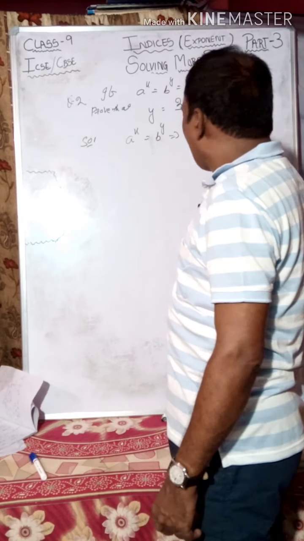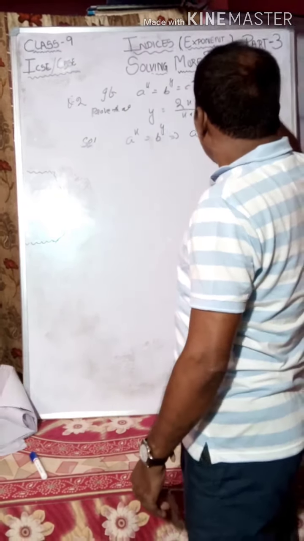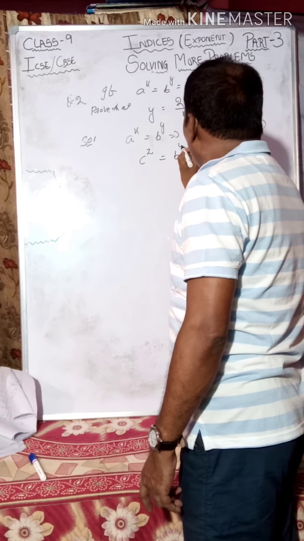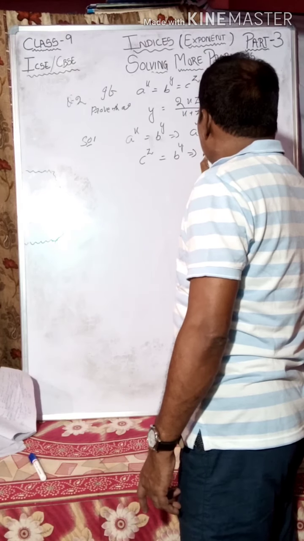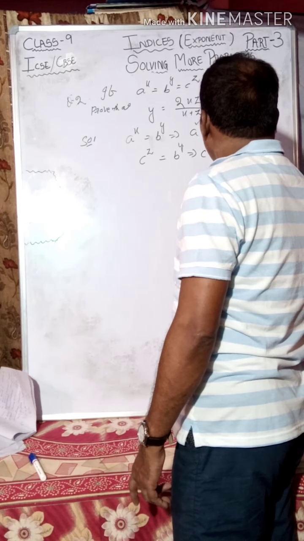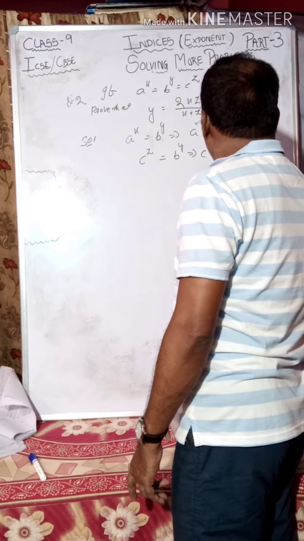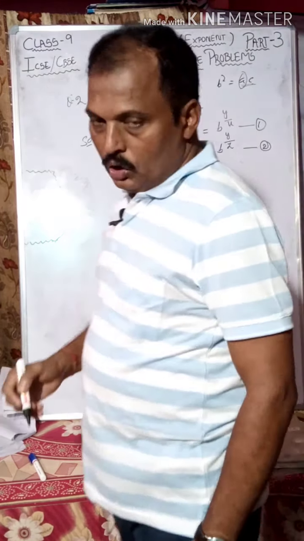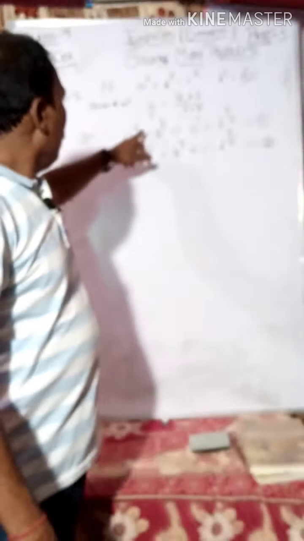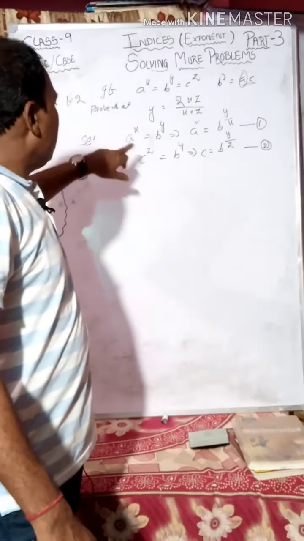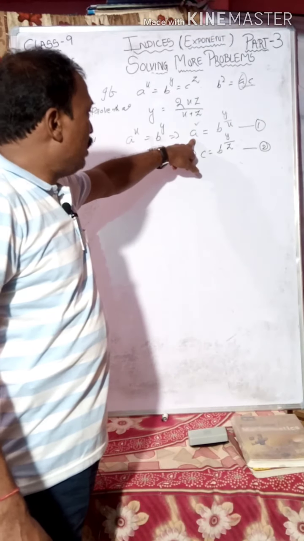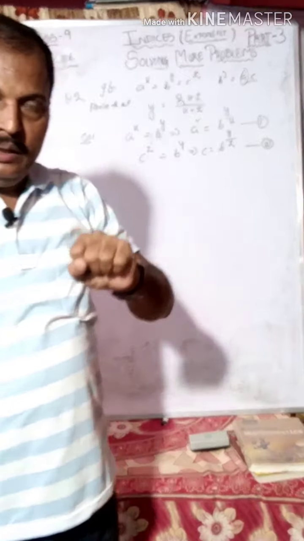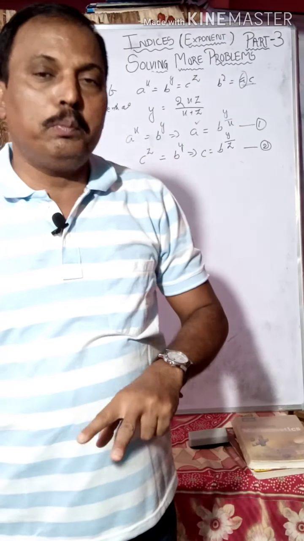Then compare c and b. Here a is the subject, and the other subject will be c. c to the power z is equal to b to the power y, which implies c is equal to b to the power y upon z. It is equation 2. So now c is the subject and b the object.